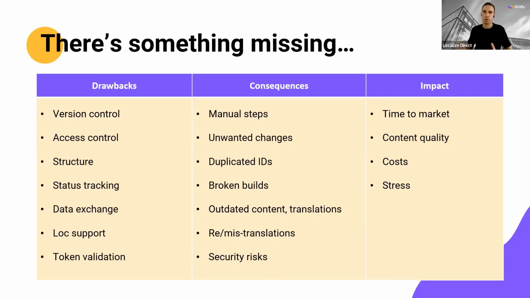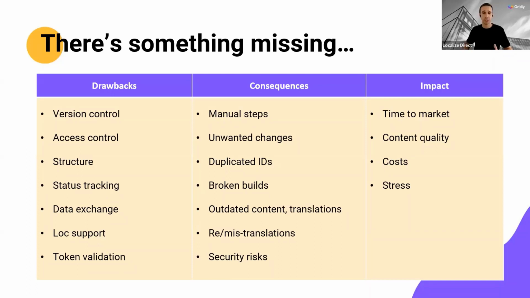Another pain point we hear over and over again is that they miss localization support, that there is no support for tokens to work with variables or indicate that something shouldn't be translated. And it's really hard to exchange data with Google Sheets.